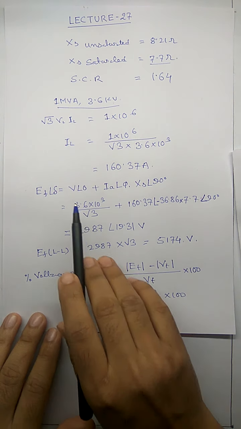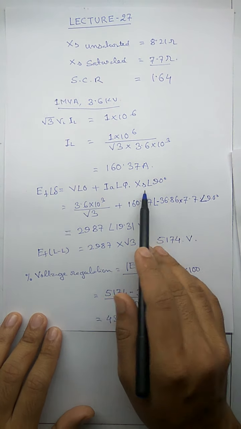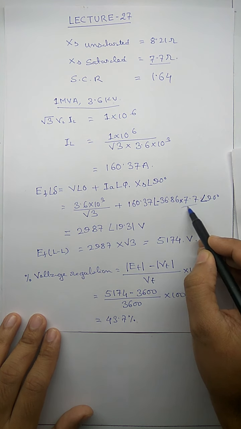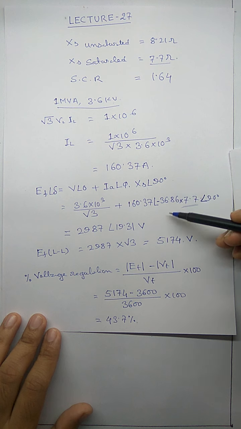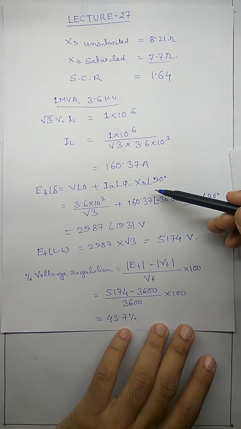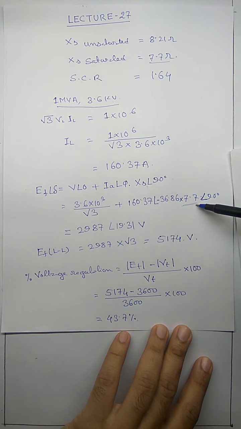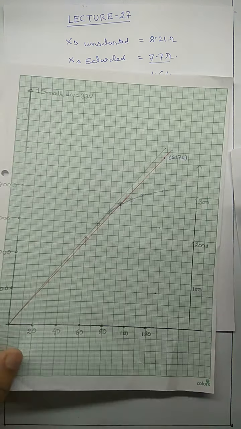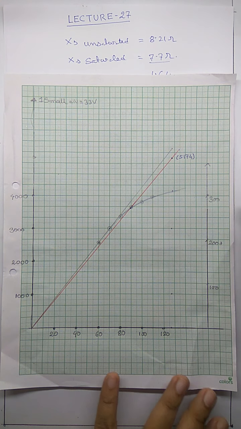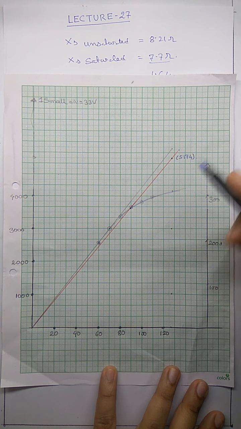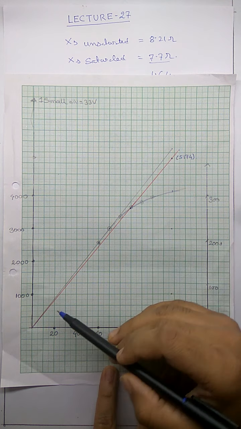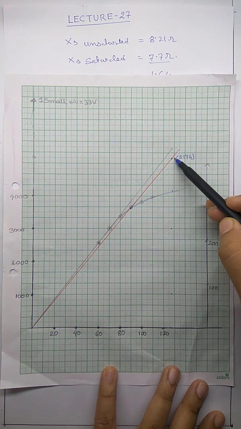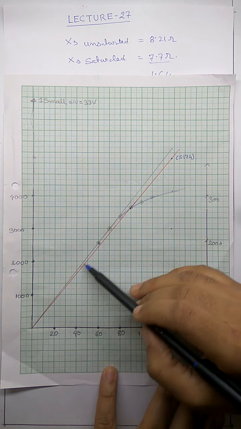When we used this equation, we assumed X_S to remain constant at 7.7 ohms. What does this mean in this graph? It means that my synchronous reactance is constant. That is, we are assuming that the characteristics of the machine are along this straight line, which is my modified air gap line.